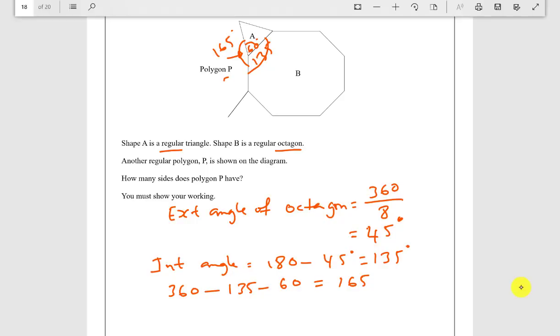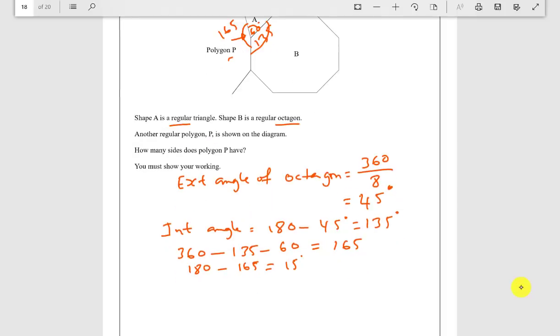Now what we need to do is find the exterior angle of this polygon P, and then we can divide 360 by the exterior angle and find out how many sides there are. So to find the exterior angle of polygon P, we need to take away from 180 again. So 180 take away 165 gives us an answer of 15 degrees. And then we know exterior angles add up to 360 degrees.